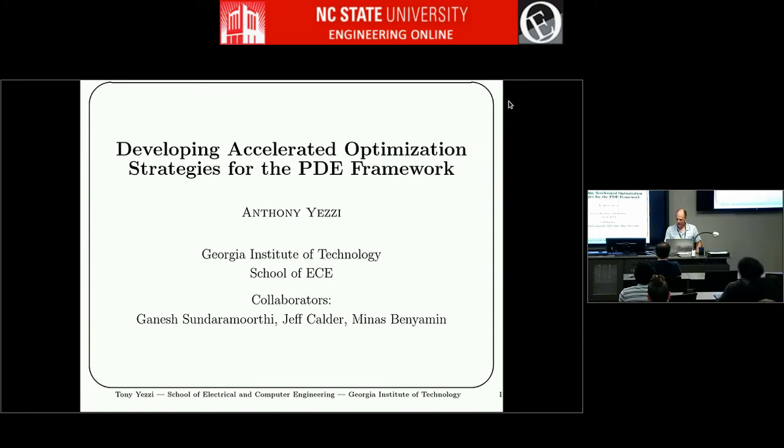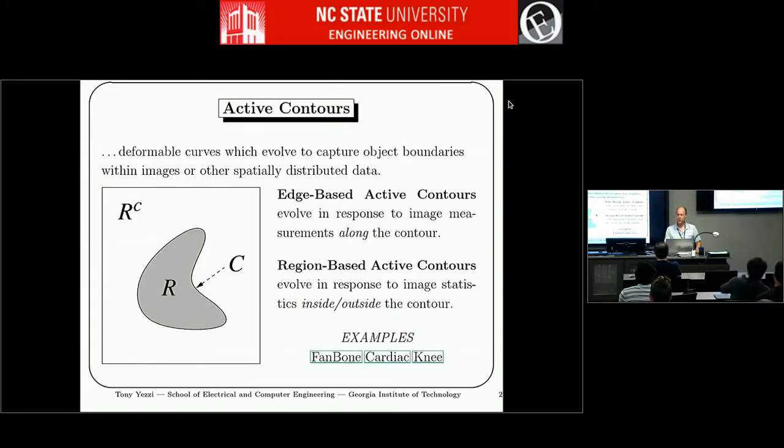All right, so let me talk just briefly about some of the work that got us interested in this. I've done a lot of work in the area of active contours. Active contours are curves that deform on the domain of an image, typically in 2D or 3D, and the goal is to get them to evolve towards the boundaries of an object of interest.